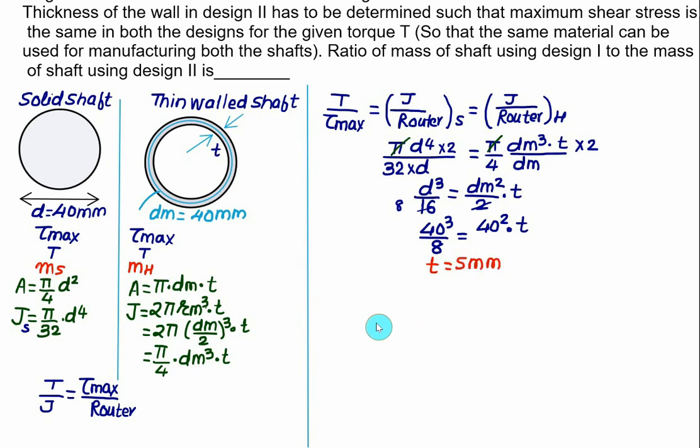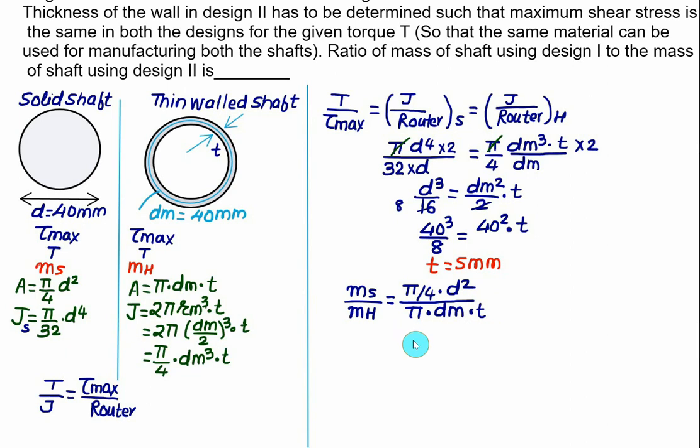So the required thickness will be 5 mm, and we want to find out here the ratio of the mass of the shaft using design 1, that is the solid shaft, to the thin wall shaft. So we have ms for the solid shaft and mh for the thin wall, which is proportional to area, and area is pi by 4 d square. So we have pi divided by 4 into d square, divided by, for the thin wall shaft, the area equal to pi into dm multiplied by thickness t.